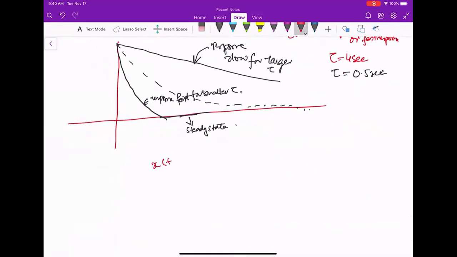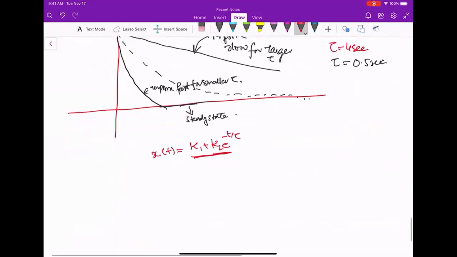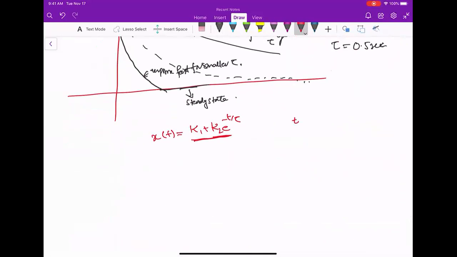So let me put one more thing. As you know, our equation was this, and we just plotted this part. So if we plot the whole thing, what does it mean? For the plot of the whole thing, for t equal to 0, what will be the value here?